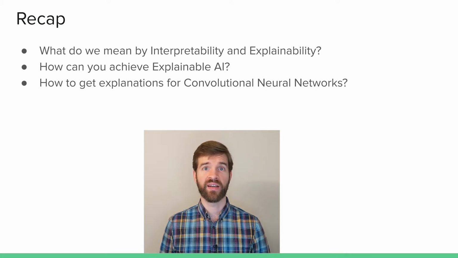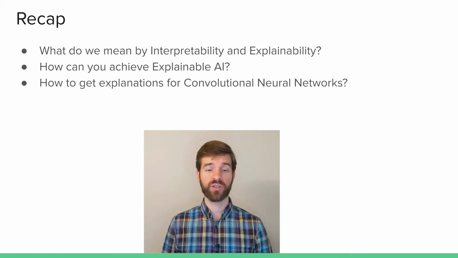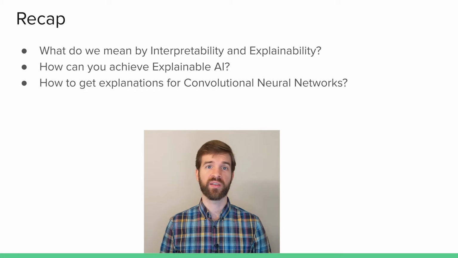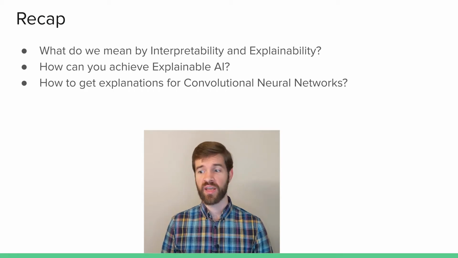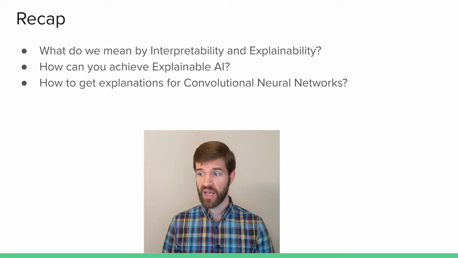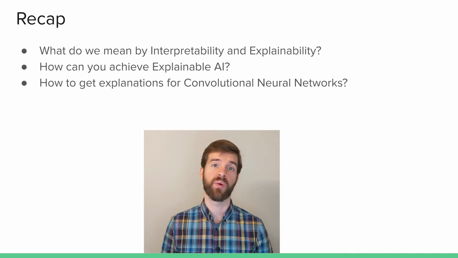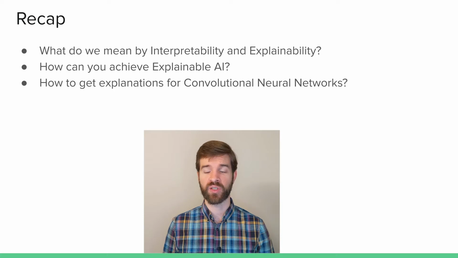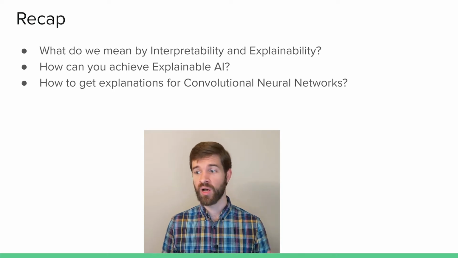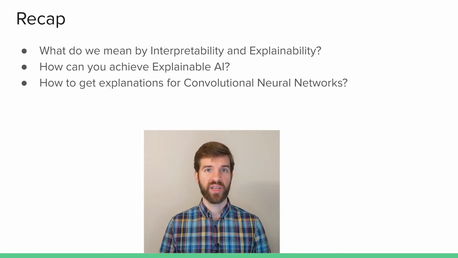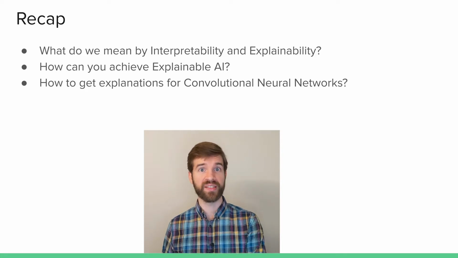How can you get some explanations for convolutional neural networks? Well, there is one quite simple method. You can just visualize the gradients by using saliency maps, or if you want, you can also use some more advanced techniques that we talked about last time, like LIME or RISE, where you tweak the input a little bit and then see what happens in the output.